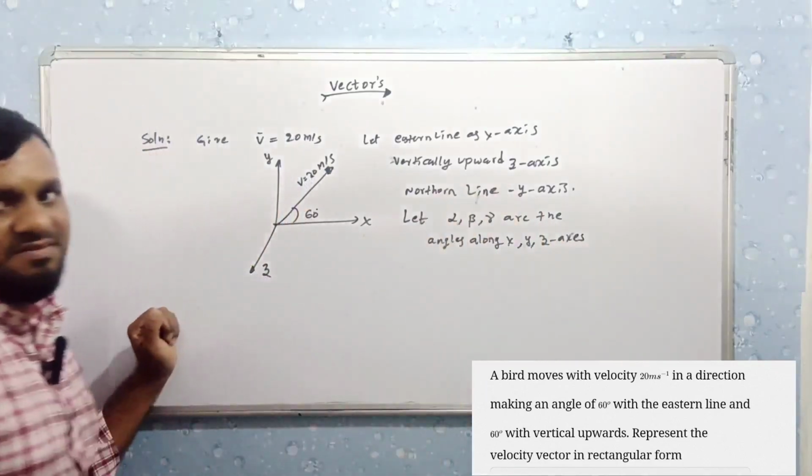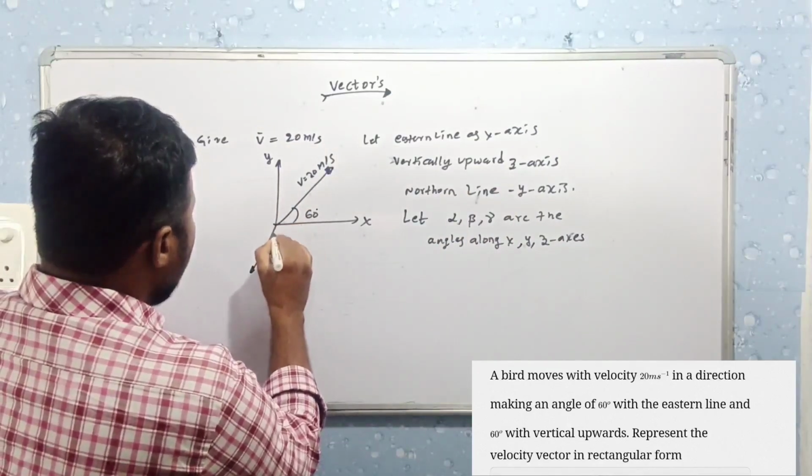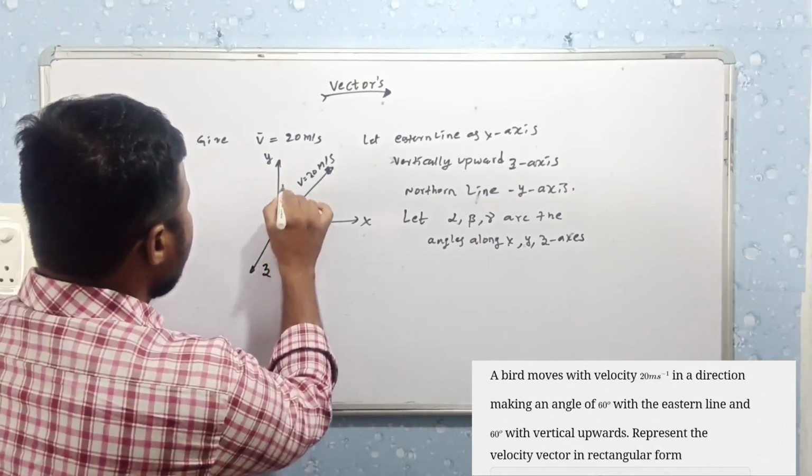This is our representation. Here beta is unknown, we know gamma also, we don't know beta.